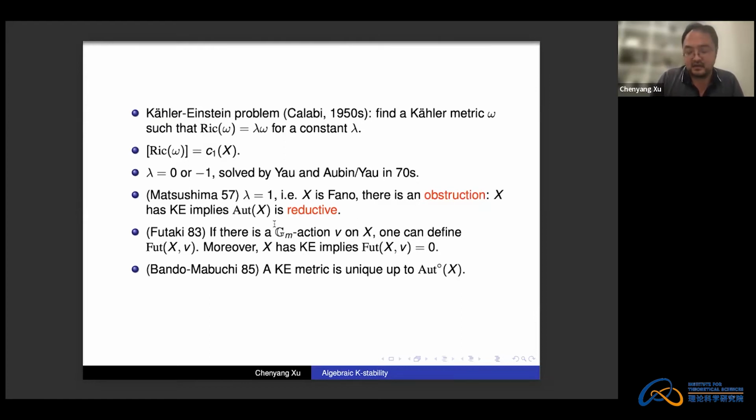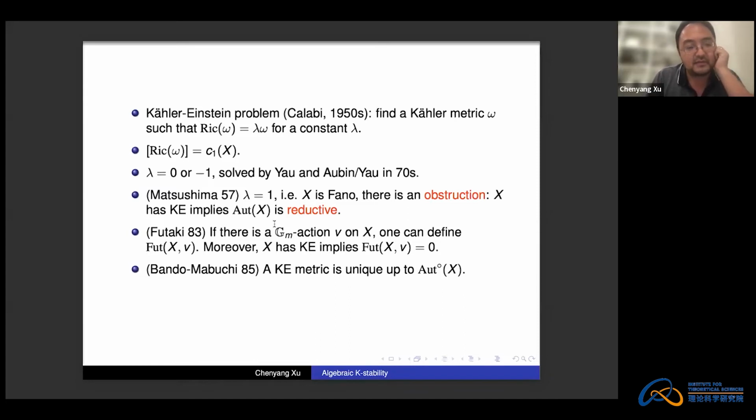So if lambda is 1, that says C1(X) should be positive; lambda equal to 0 is the Ricci-flat case; and lambda equal to -1 is the C1 negative case. This way, the Kähler-Einstein problem basically coincides with our trichotomy in higher dimension.